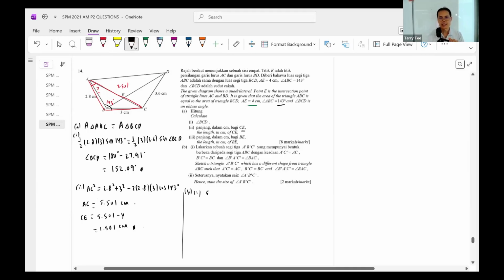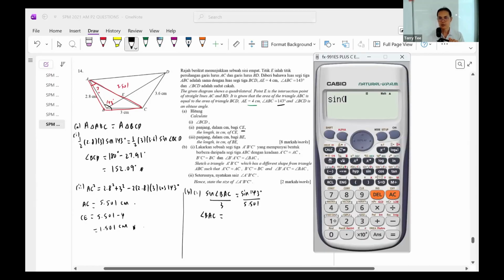Okay, so let's do sine angle BAC divide by 3 equals sine 143 divide by 5.501. So angle BAC is therefore, calculator, sine 143 divide by 5.501 times 3.